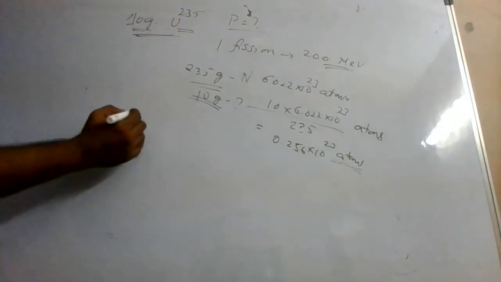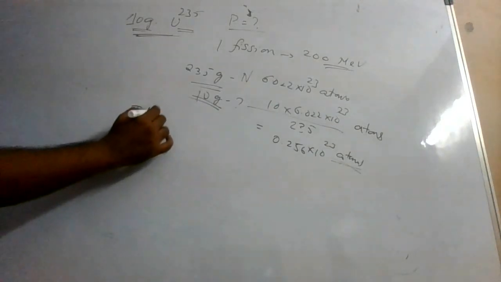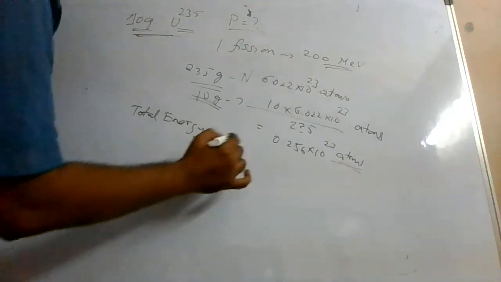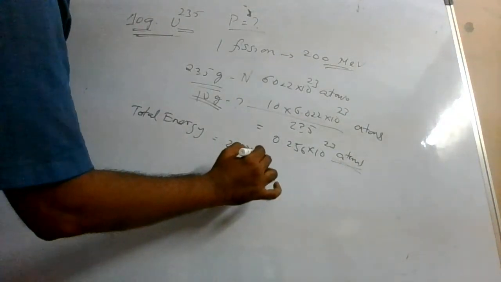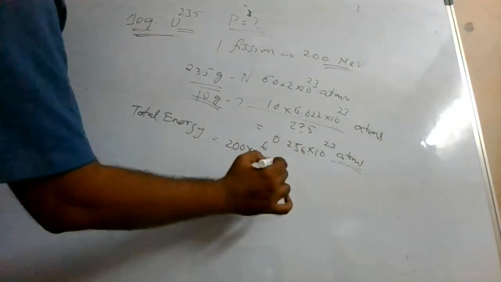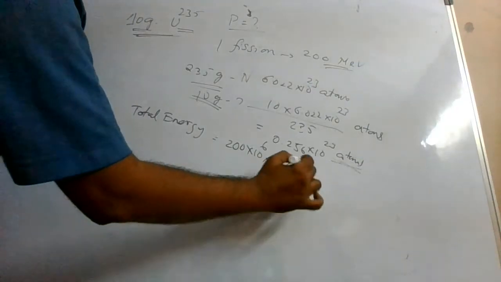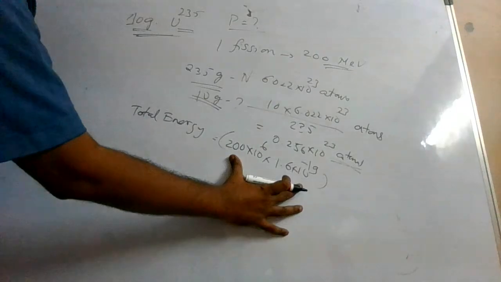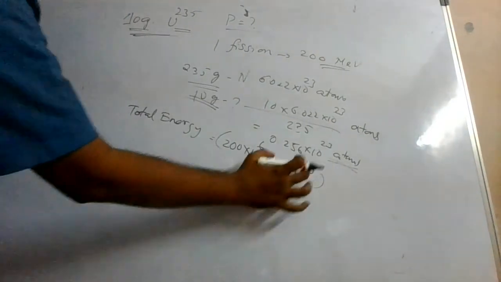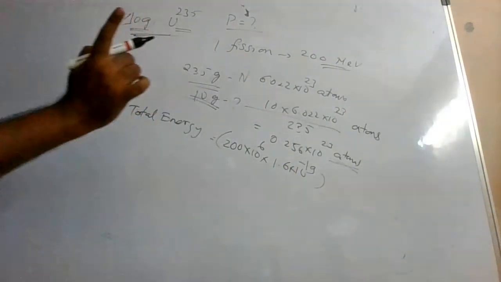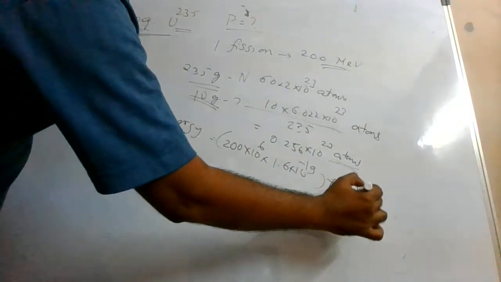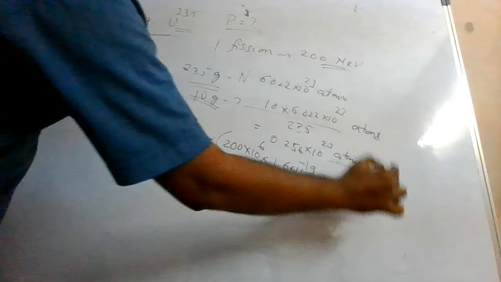So what will be the total energy released? For one fission, it is 200 mega electron volts, which is 10 to the power of 6 electron volts, and 1 electron volt is 1.6 into 10 to the power of minus 19 joules. This is for one fission process. How many fission processes are possible? For each atom, one is possible. So these many atoms are there, into 0.256 into 10 to the power of 23.